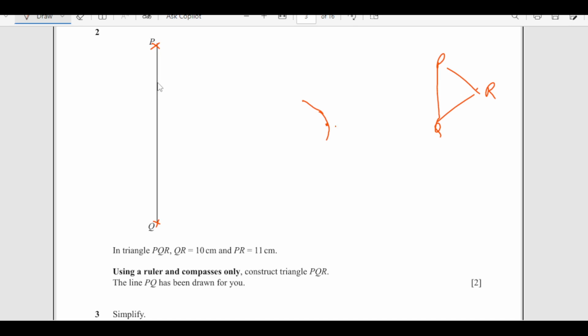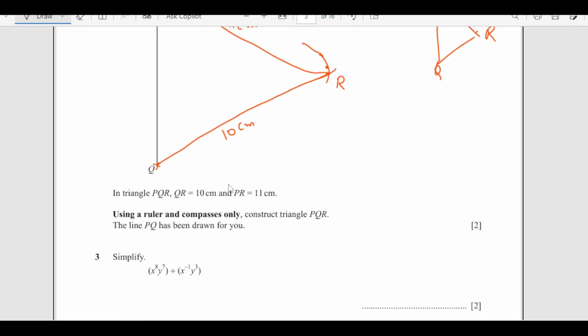When you open 11 centimeters, it's going to come somehow like this. Then you just join this point with the ruler. Sorry, my line, please bear with it. So this point is going to be point R. Okay, so I'm writing here, you are going to open QR as 10 centimeters and this one is 11 centimeters, right? So this is how you are going to draw it.